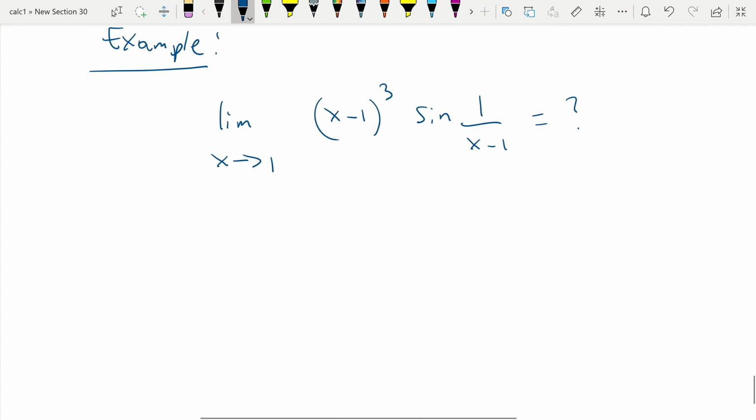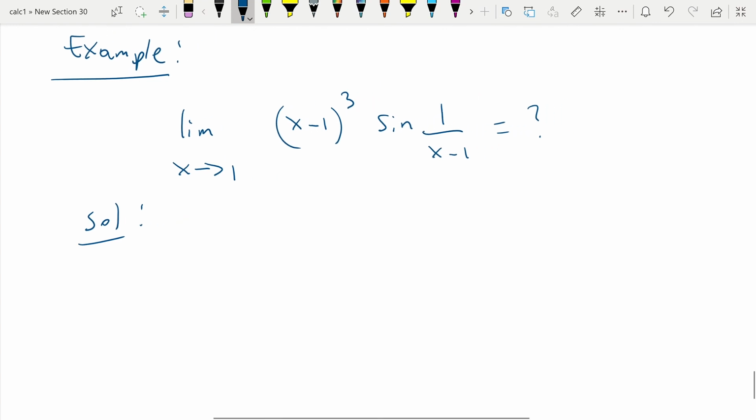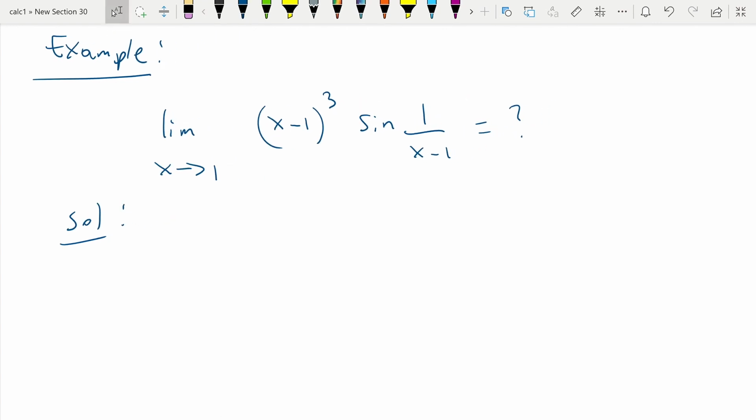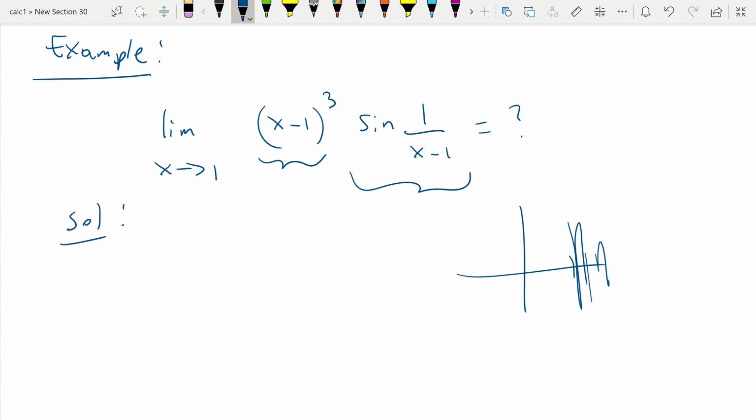And with this example, I actually want to cover all the possible things that you may encounter in the exam. It's always going to be the same thing. So basically here you cannot just evaluate and apply the rule for the product of two things, because while the limit of (x minus 1) cube exists and is equal to 0 because x goes to 1, sine of 1 over x minus 1 on the other hand oscillates infinitely often near 1, and so this is the kind of graph that you already saw in the past.